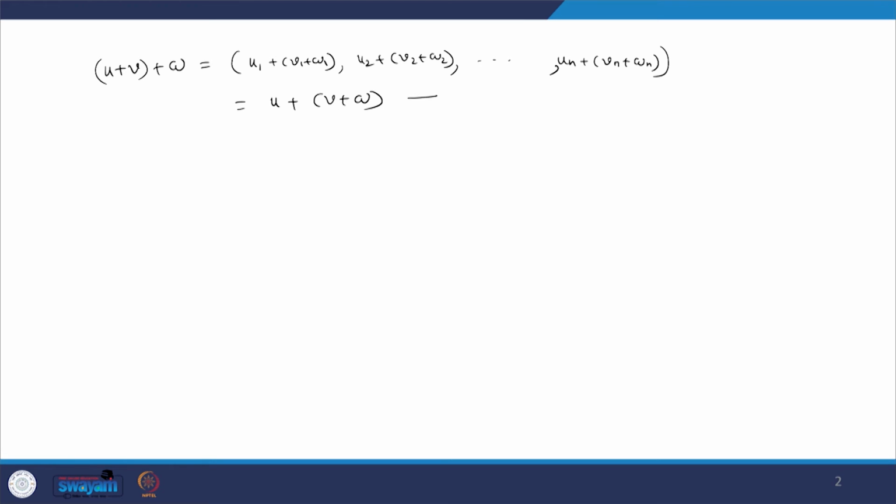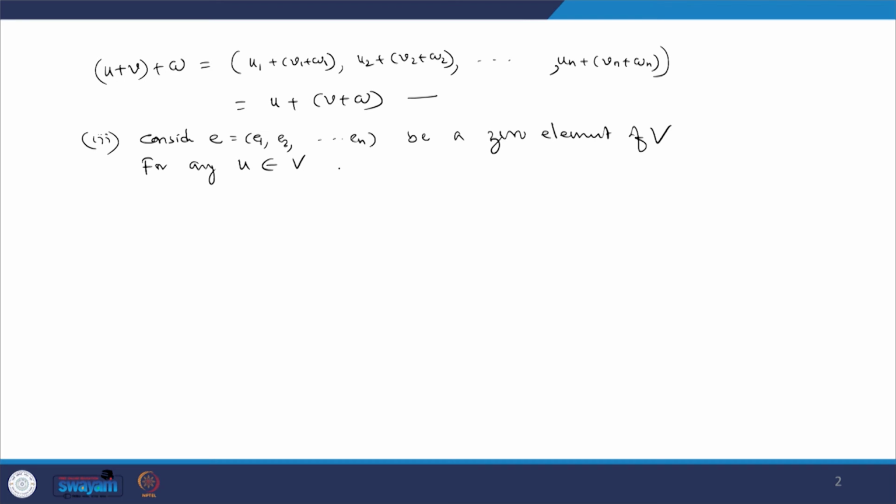What will be our existence of 0 element? Third one, see for 0 element I will say that consider E equal to, suppose E1, E2 and En be a 0 element of capital V. Then according to definition of the vector space, we have for any u belongs to capital V, u plus E equal to u.